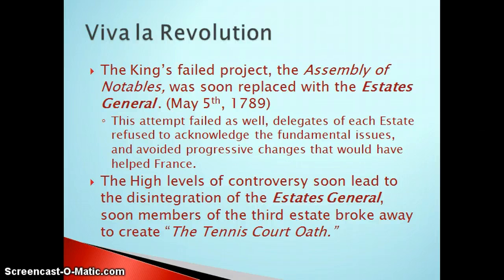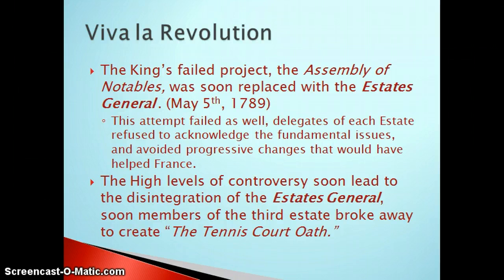They were just not equipped to change and to fix it. And all these issues and all these problems that France faced caused a lot of controversy. The high levels of controversy soon led to the disintegration of the Estates Generale. Members, specifically the Third Estate, started breaking away, and they would create what's known as the Tennis Court Oath.